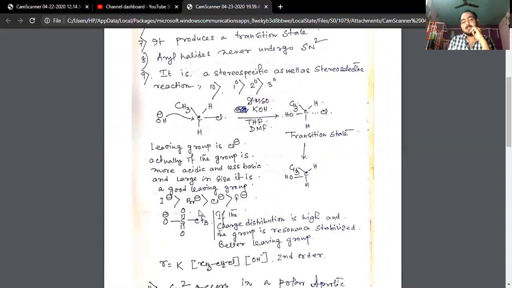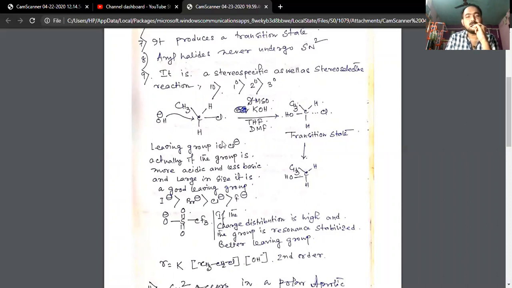So the negative charge gets easily and evenly distributed over these atoms, oxygen and the CF3 group. That's why this will also act as a very good leaving group. After leaving, if the group is resonance stabilized, as you can see here, then the leaving group characteristic is very, very high.